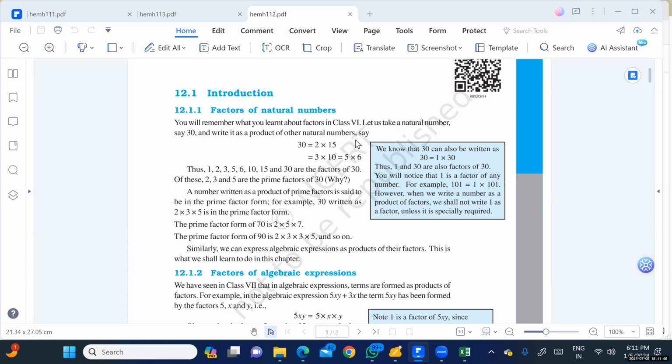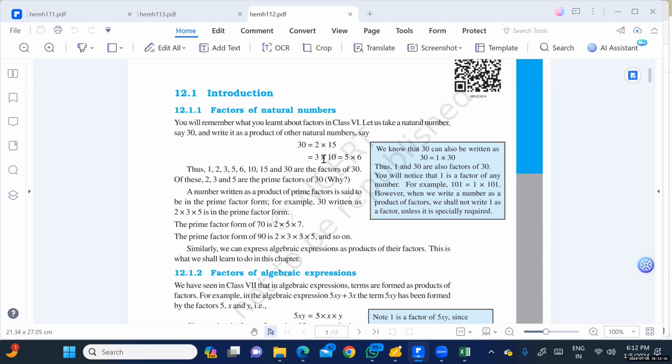Right? As a product of other natural numbers, and we learned the other day what is a natural number, right? All the numbers from 1 and above are natural numbers. So here it says 30. We are breaking this into different pieces, different objects. 2 into 15.